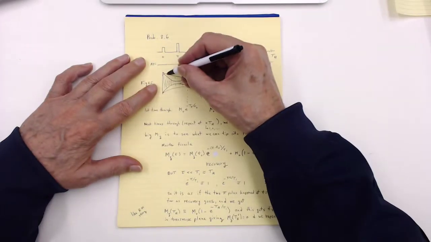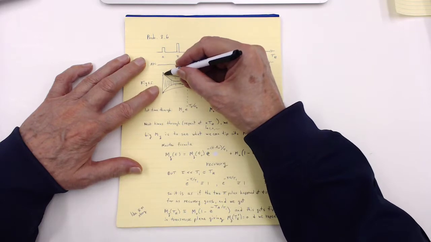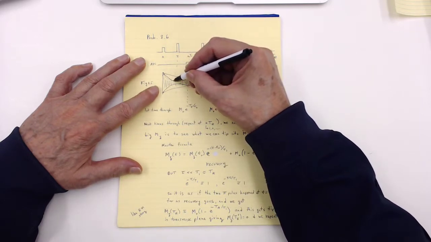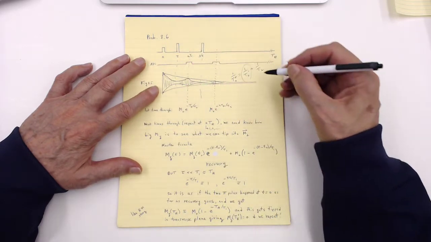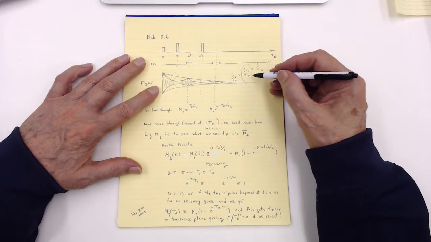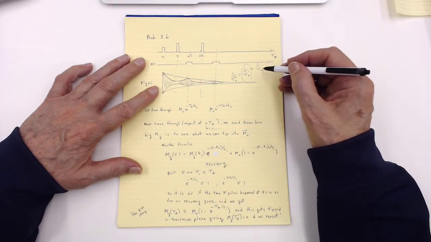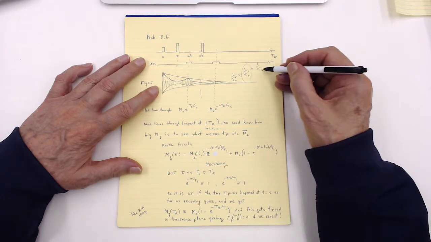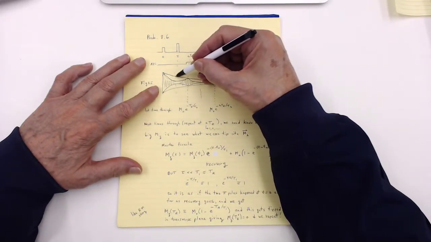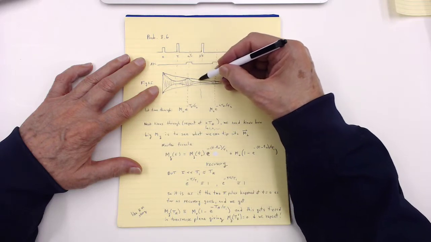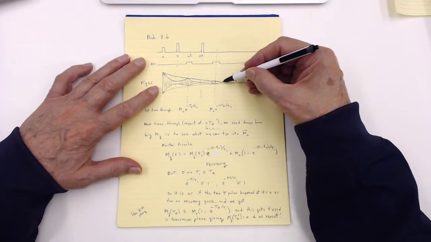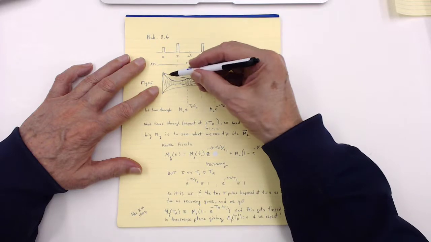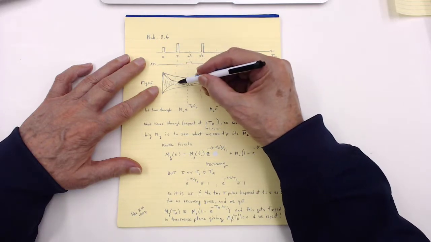So while we can try to recover the full decay due to the T2 prime and the T2 mechanisms, the external and the internal, we always have this overall T2 decay that happens, and we can't get rid of that. Nevertheless, it's important that we can recover part of it.